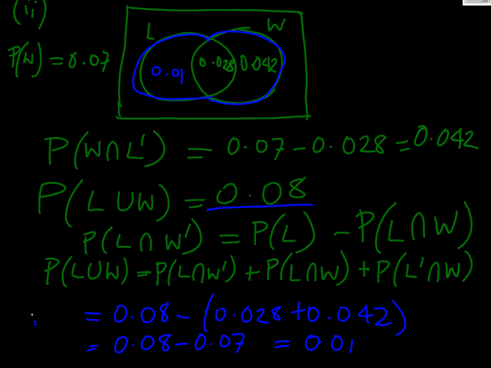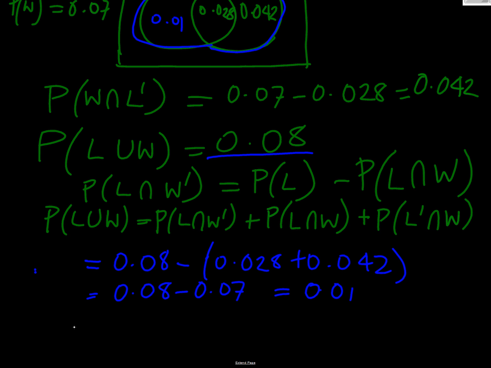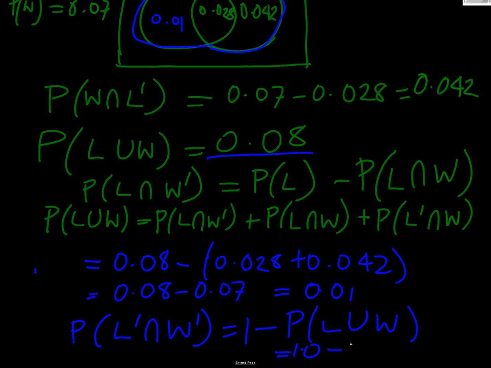And how much is the outside going to be? Well, we know that the probability of not L intersect not W is going to be 1 minus the probability of L union W. So that's 1.0 minus what we were told, 0.08, which equals 0.92.